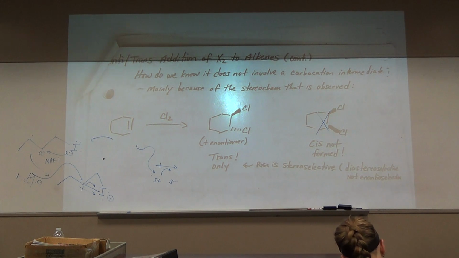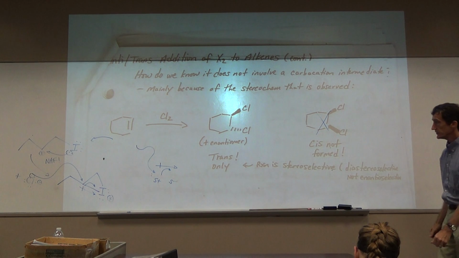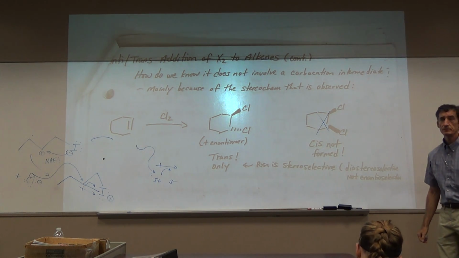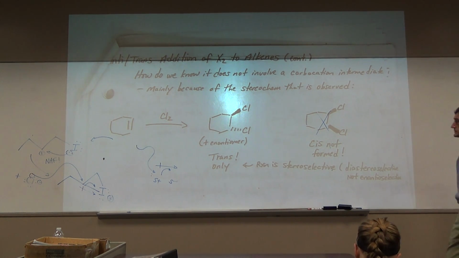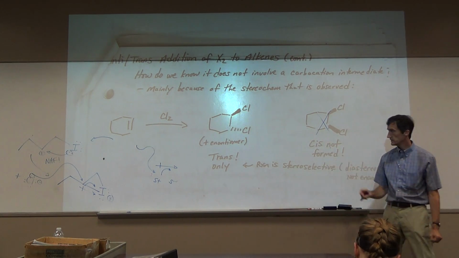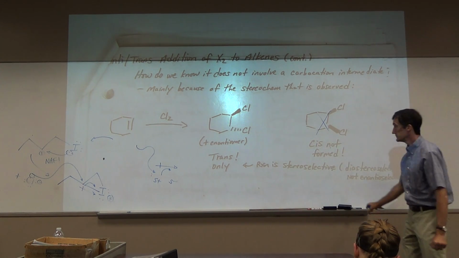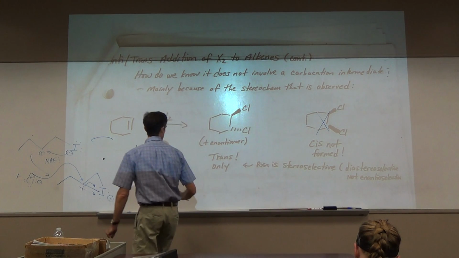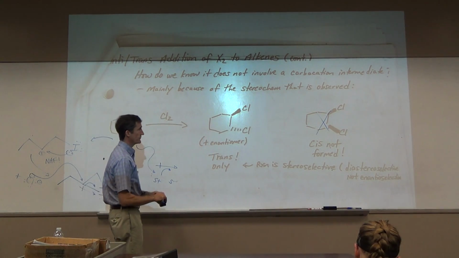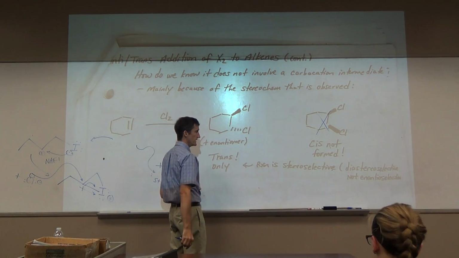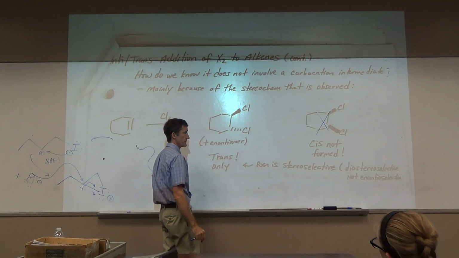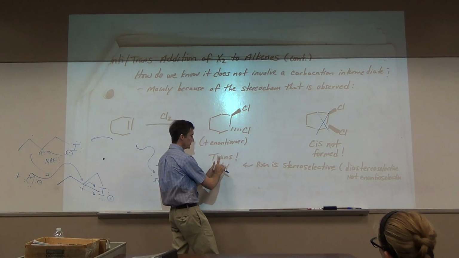Our mechanisms always need to also fit stereochemistry outcomes. The mechanism must explain the stereochemistry. It must explain why you get trans and not cis. First off, this reaction I'm showing is stereoselective. Because what's the relationship between trans and cis?